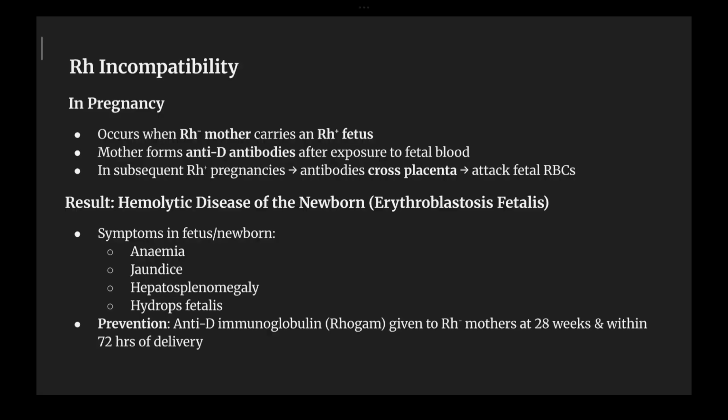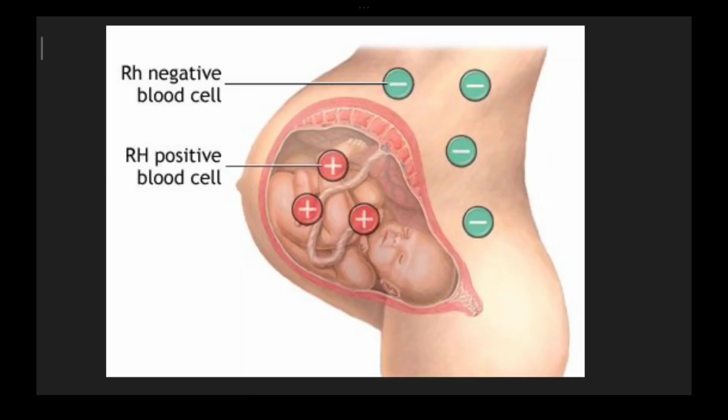This anti-D immunoglobulin IgG is given to the mother to prevent the reaction of the anti-D antibodies from the mother, which would attack the fetus. This is the diagrammatic representation of how erythroblastosis fetalis might occur in an Rh negative mother.